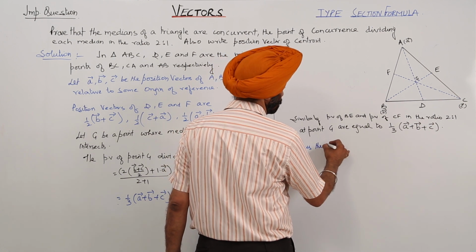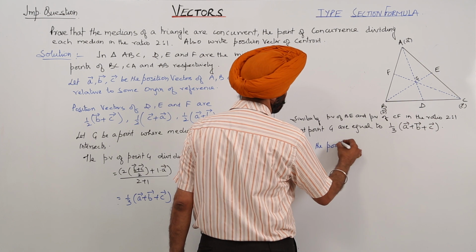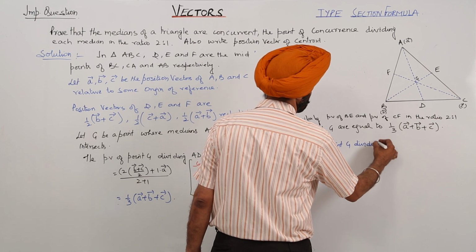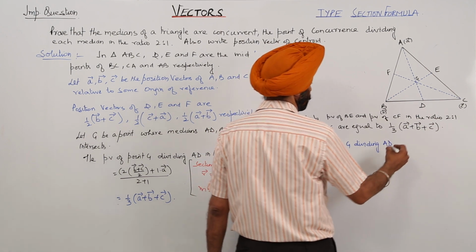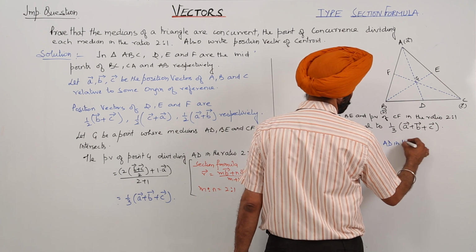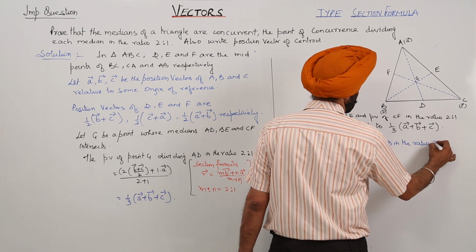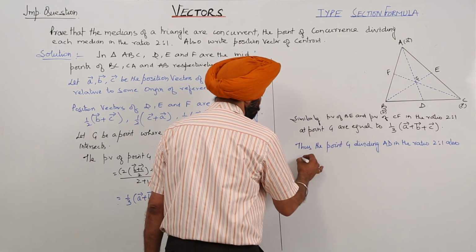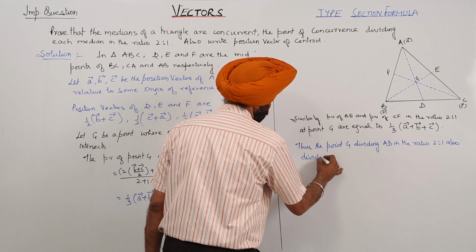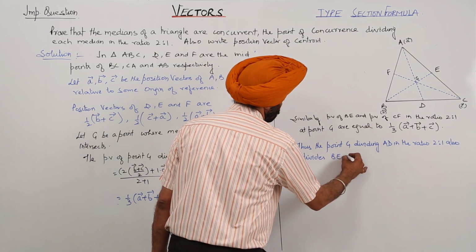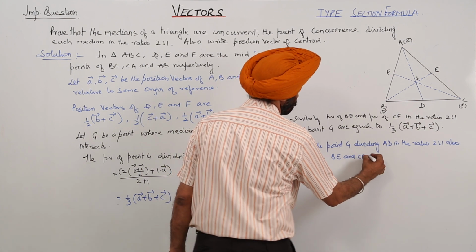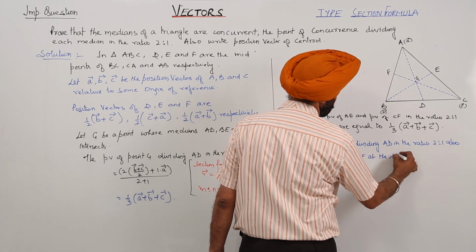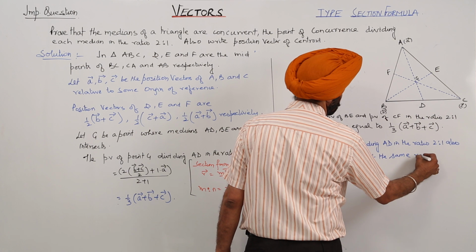Thus, the point G dividing AD in the ratio 2:1 also divides BE and CF at the same ratio.